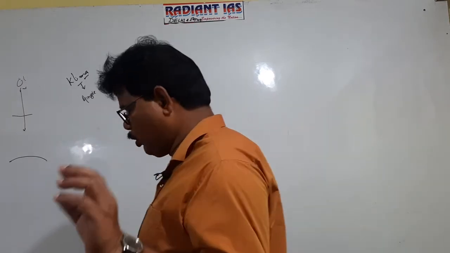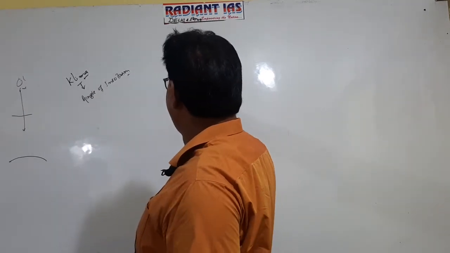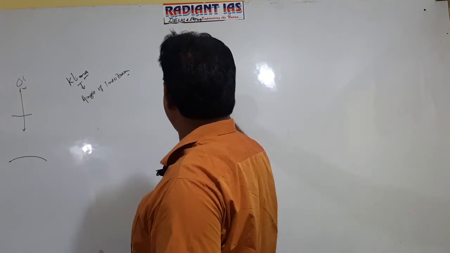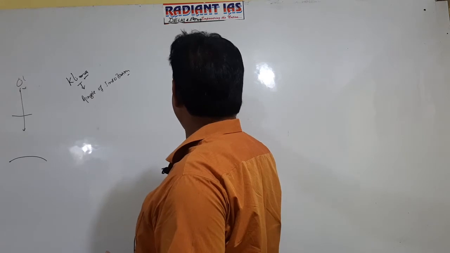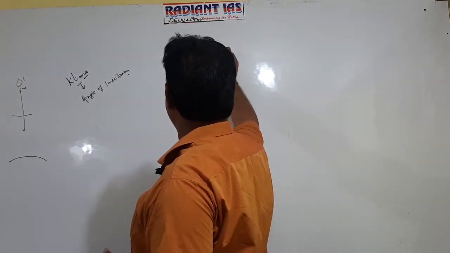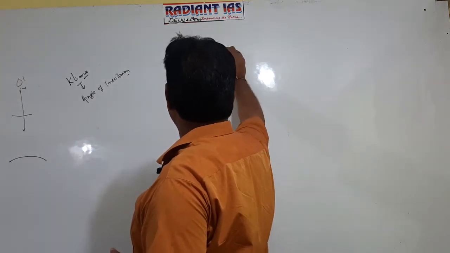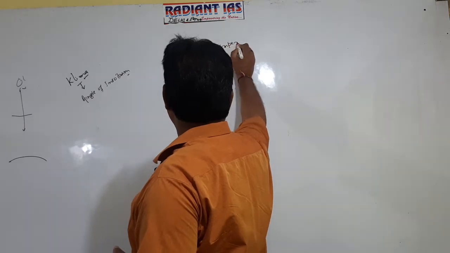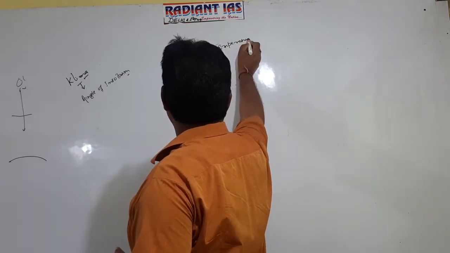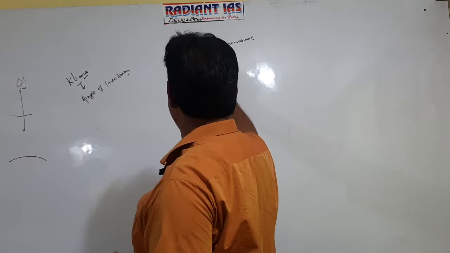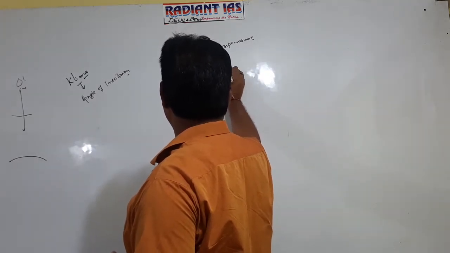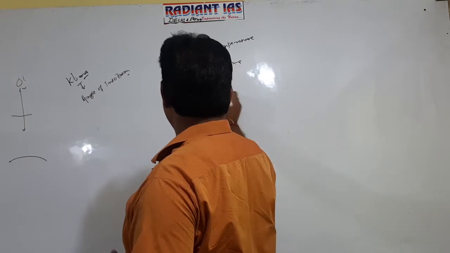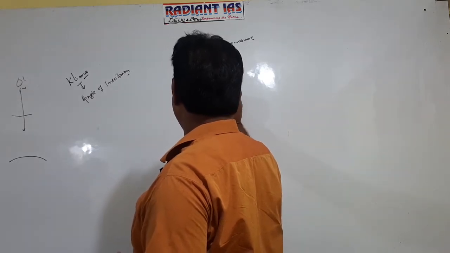You should know that there are three factors responsible for determining the climatic condition of any region. First factor is temperature. Second factor is pressure. Third is humidity.